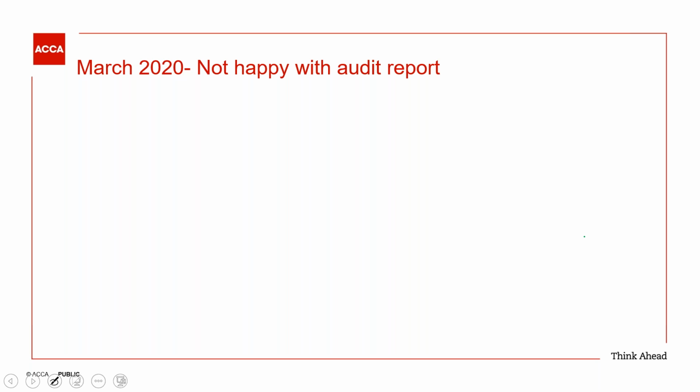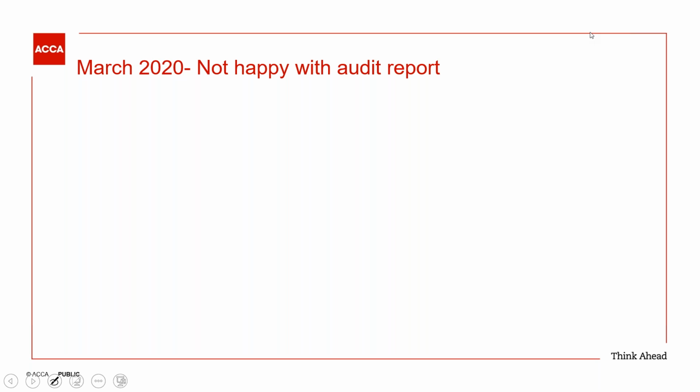If you look at the examiner report for that March 2020 paper, the title says, "Not happy with audit report." The examiner is not happy with students' approach to the audit report.